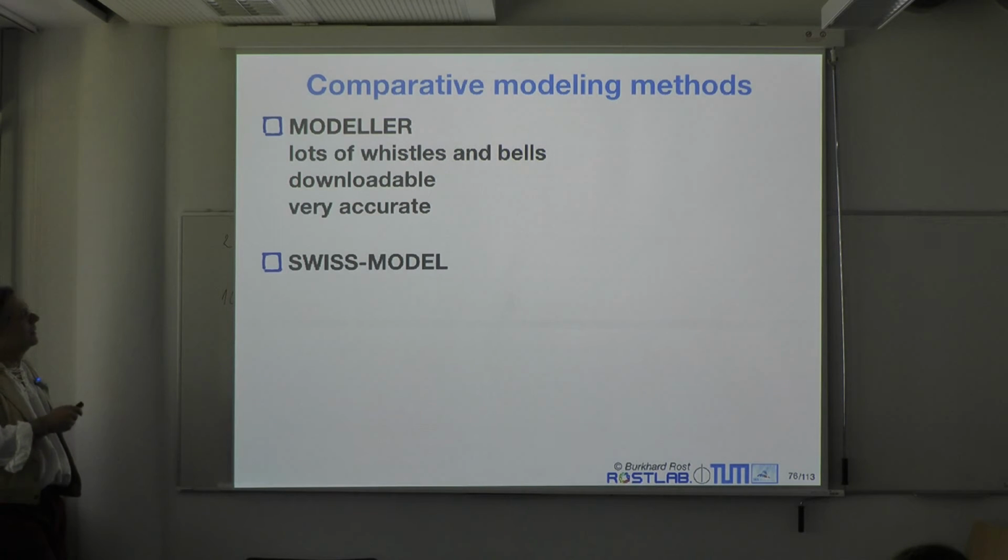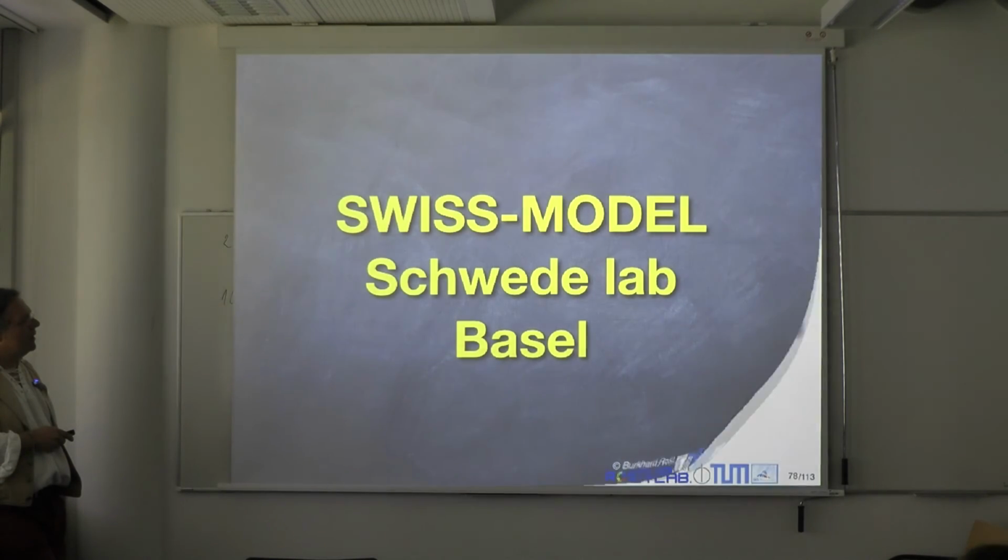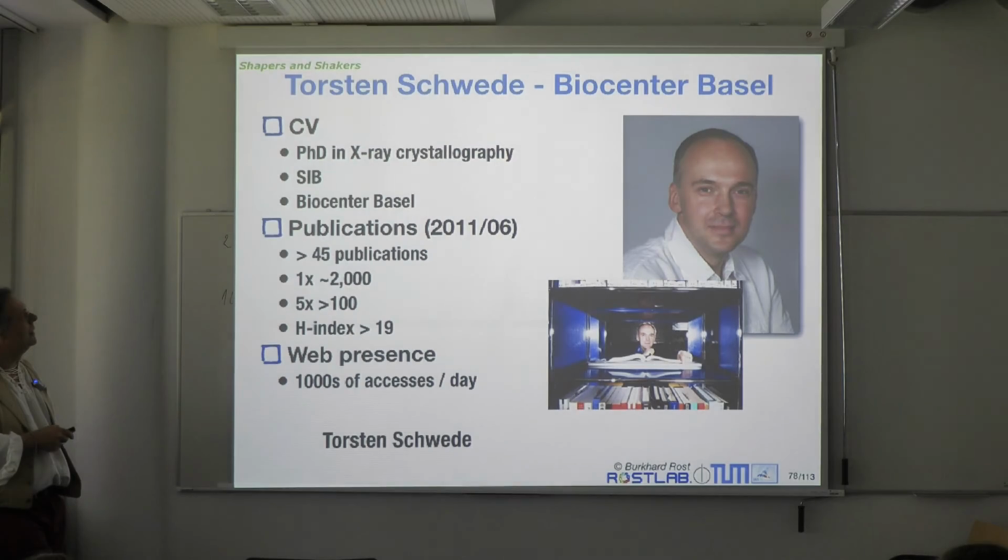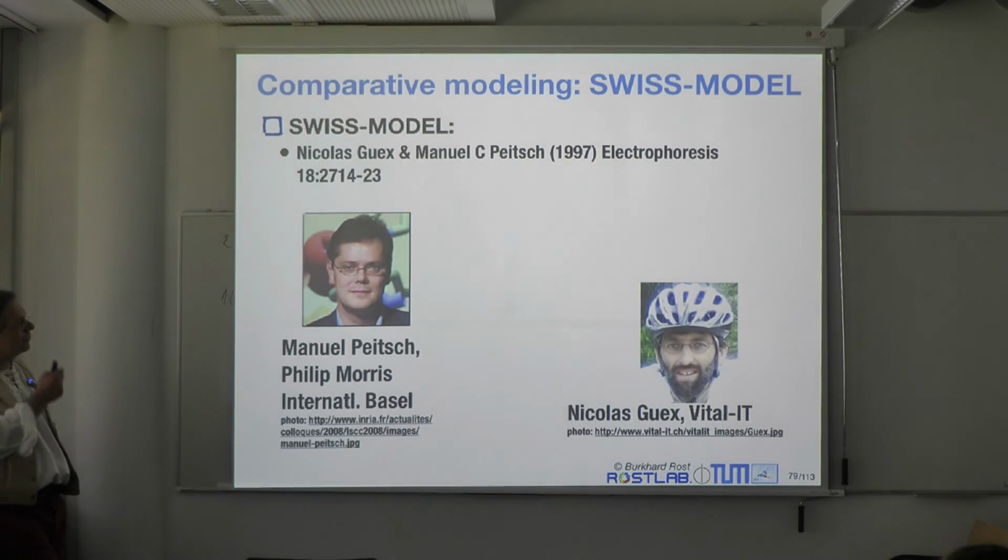Okay. Modeler. The other way is Swiss Model here. Today from the Schwede lab, that's Thorsten Schwede in Basel. Thorsten did his PhD in X-ray crystallography. He is an experimentalist. Few publications, but very visible ones, and amazing web presence. The work they do in their lab has over 1,000 accesses every day.